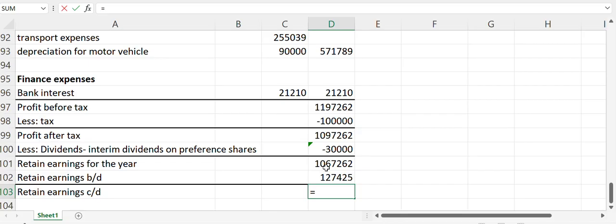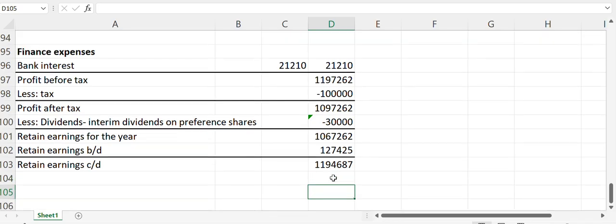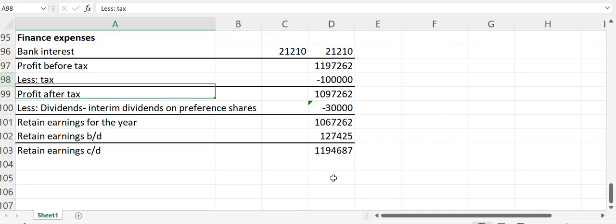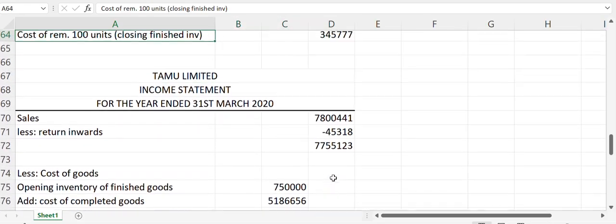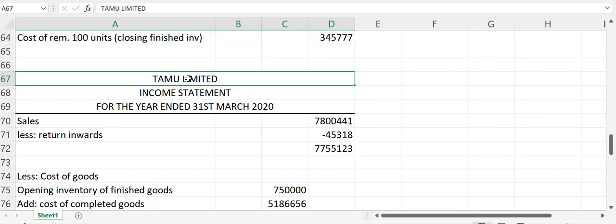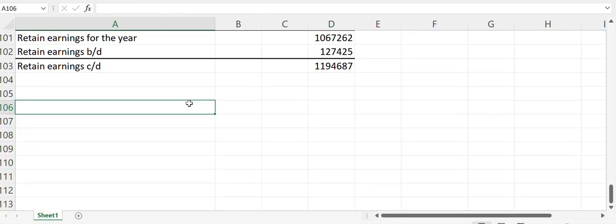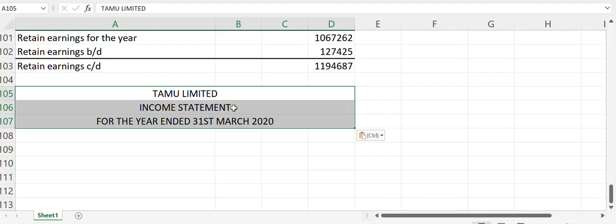So you add the two. So the question requires us to calculate the two, but I want, as an additional, I just want us to prepare also the statement of financial position. You can prepare the statement of financial position too.